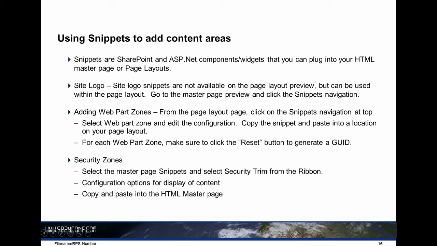We can add different security zones, and what we use these for is that we wanted particular people within our organization to see some of the sweep bar or the ribbon, and others not to. So we use the security trim controls to be able to determine how we were going to be able to show that information.